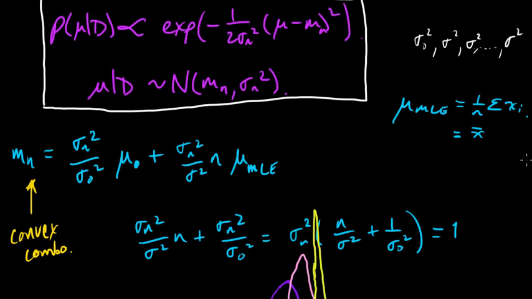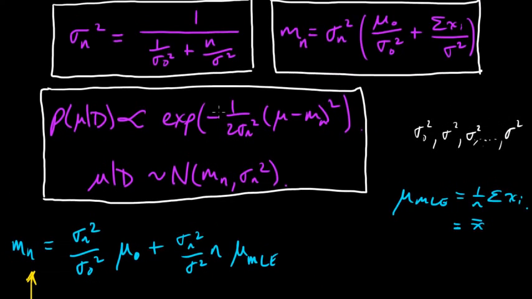As n goes to infinity, we know that this is going to 0. That was our earlier observation. The sigma n squared goes to 0. So the contribution in this convex combination from the prior mean is getting washed out. It's going to nothing.